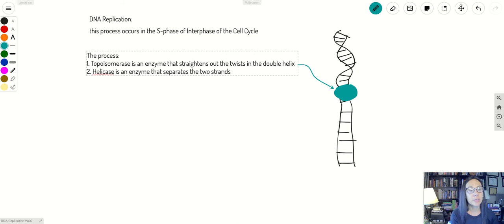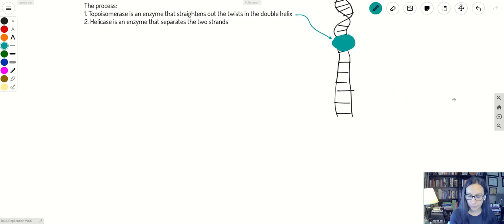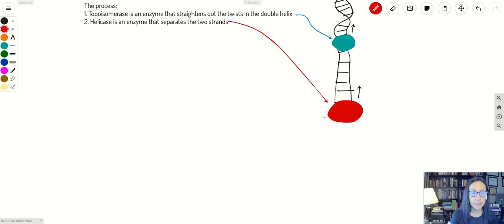Okay, because the double helix has 2 strands, one that is complementary to the other, and there is going to be an enzyme, which I'm going to make red, and that is going to split up the 2 strands. Okay, so I'm going to make this helicase here. Okay, and I want to point out that this is moving upwards. Okay, and this is also moving upwards. And so helicase is here. And so I'm going to point to the helicase here.